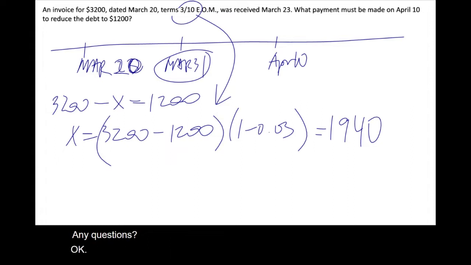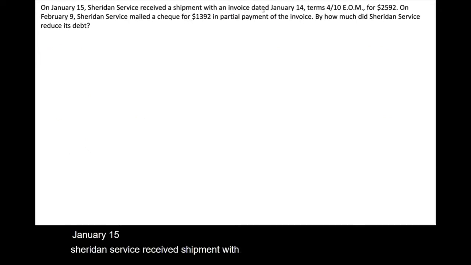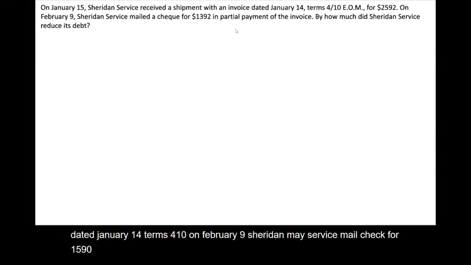Okay. Let's move forward. On January 15, Sheridan Service received shipment with invoice dated January 14, terms 4/10 EOM. On February 9, Sheridan Service mailed a check for $1,392 as partial payment of the invoice. By how much did Sheridan Service reduce the debt?